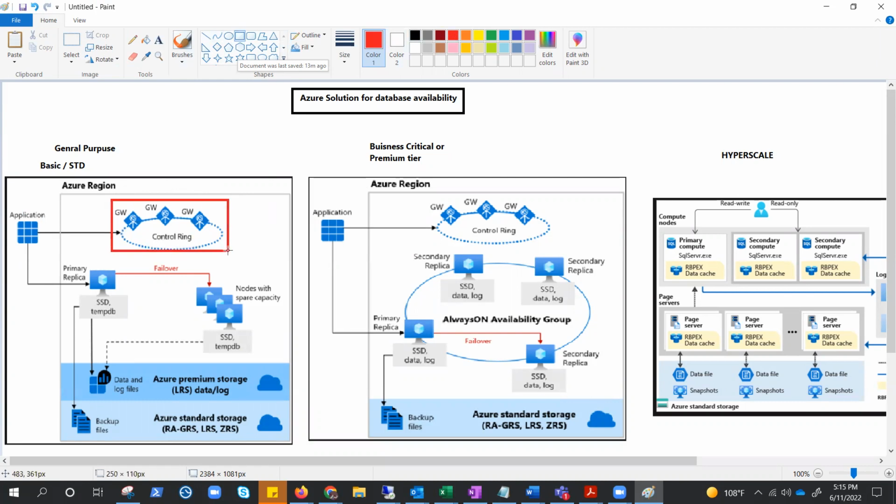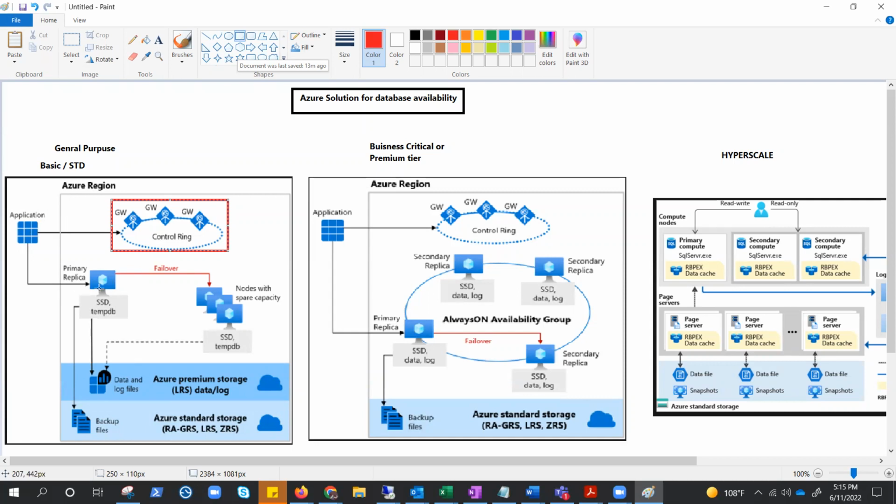That points the application to the server to connect to, running on a VM. All right. So application tries to connect to SQL database. It hits the gateway ring. Gateway ring diverts this to the server, which is running on a running VM.